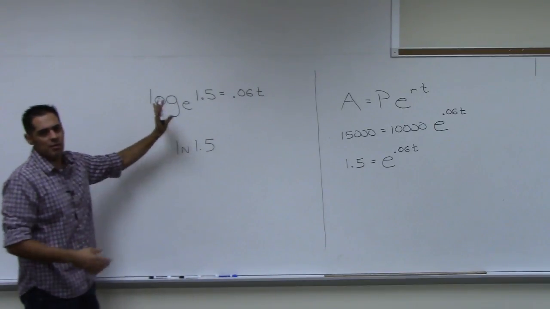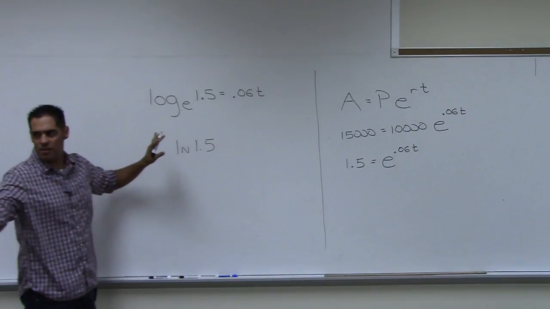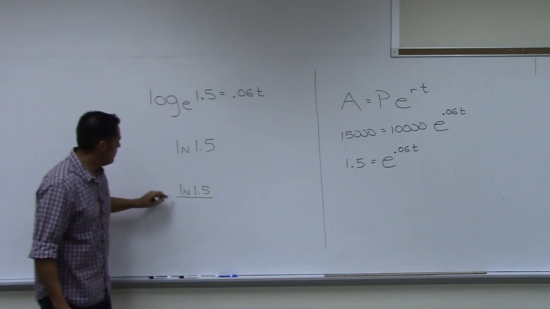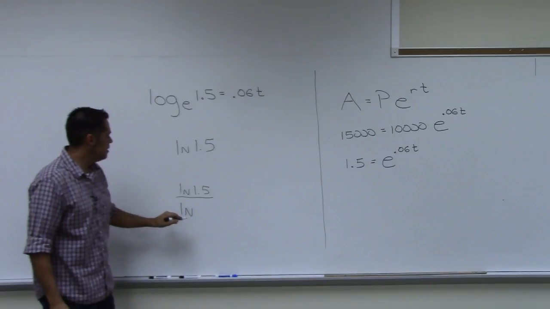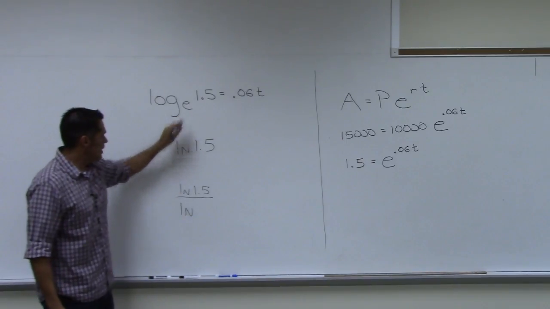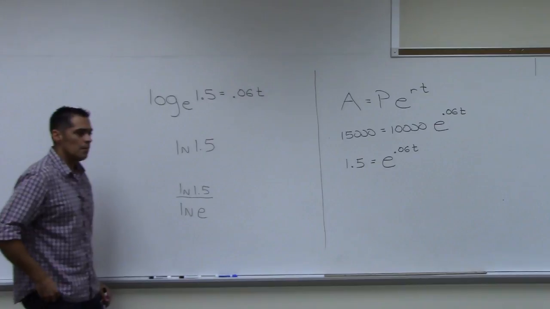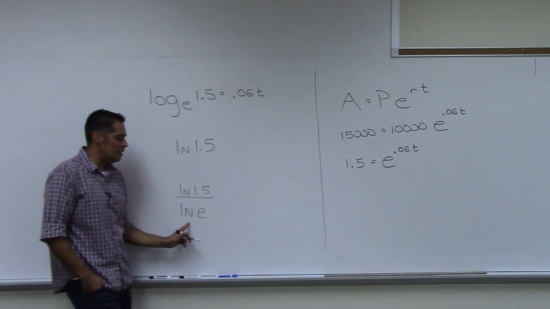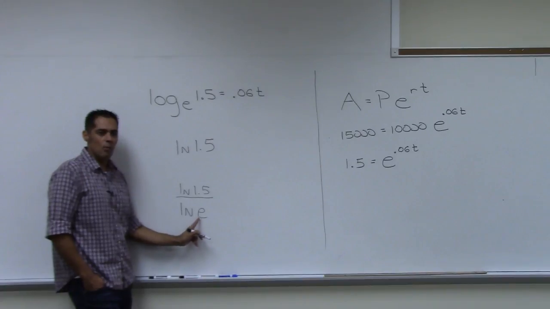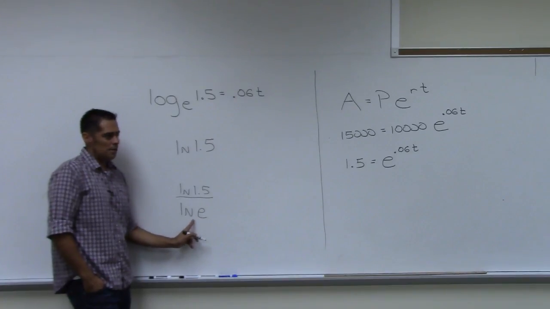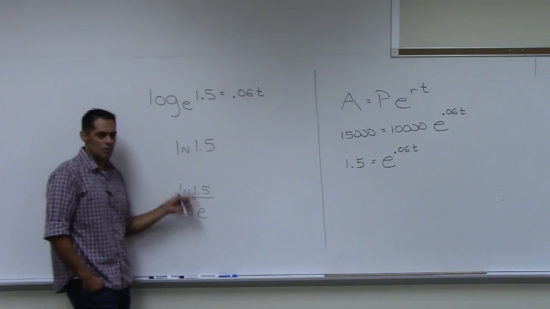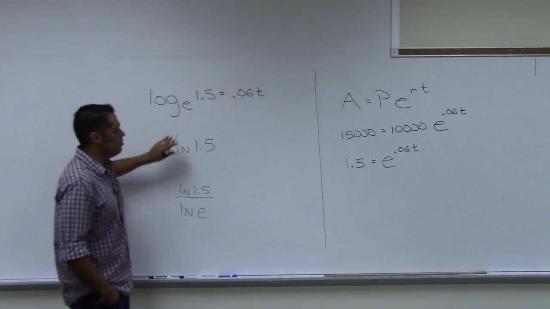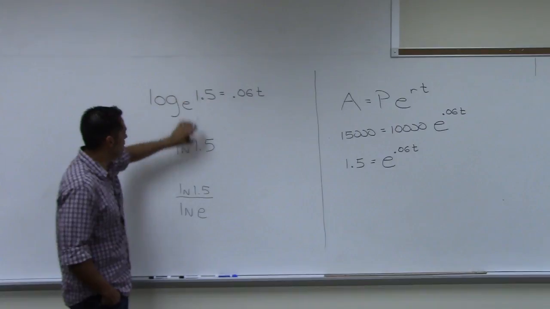Now, what if you didn't do that and said, no, I'm going to use that formula? You would do natural log of 1.5 over natural log of e. And if you do this on your calculator, natural log of e, you're going to get 1. And so it just turns into natural log of 1.5. So I prefer that if you see log base e, you know that it's natural log and just turn it from here to here.